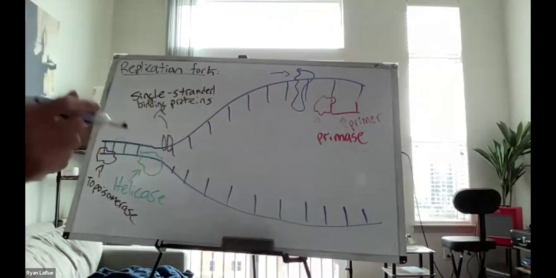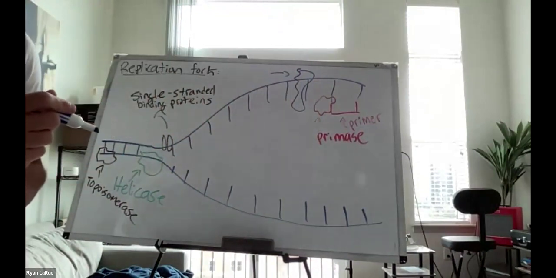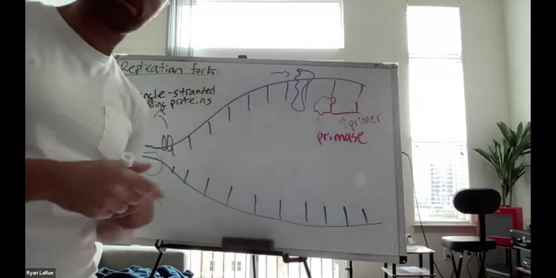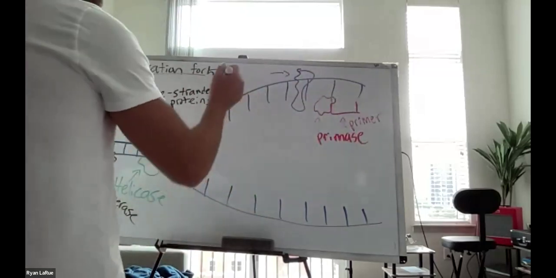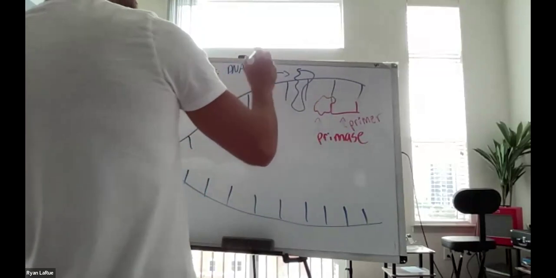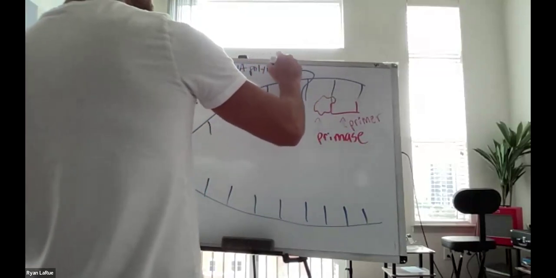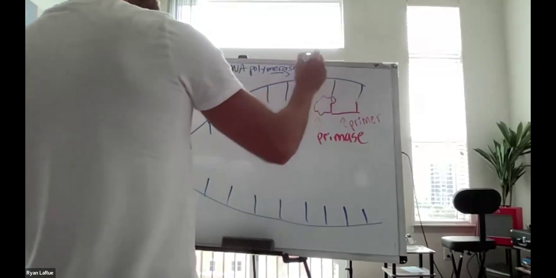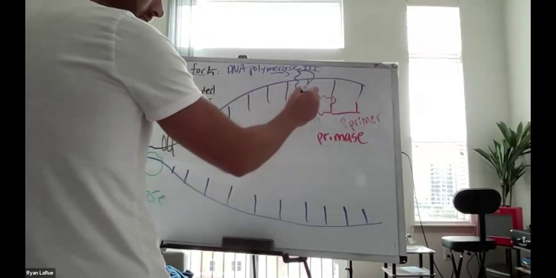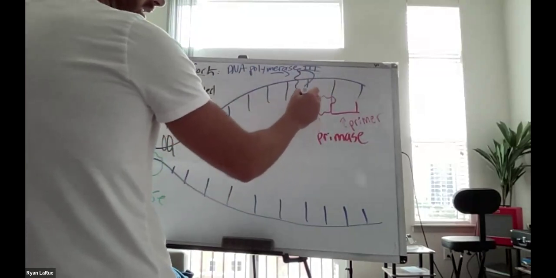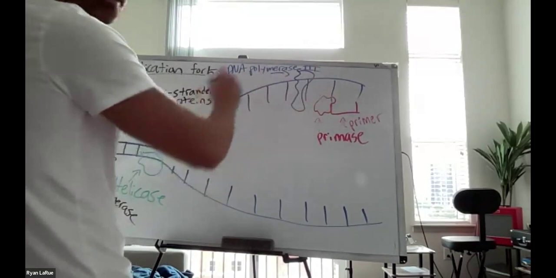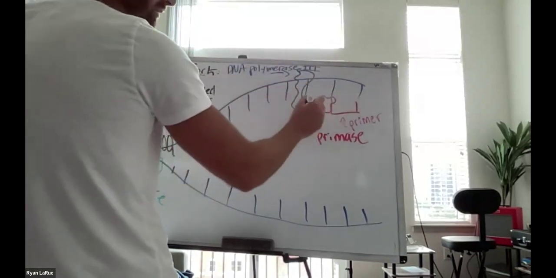Now, specifically, as we'll see, this is going to be called DNA polymerase 3, probably because it was discovered third. Actually, I'm not sure why, but it's called DNA polymerase Roman numeral 3. And what it's going to do is go ahead and add complementary nucleotides to these template DNA nucleotides right after the primer.